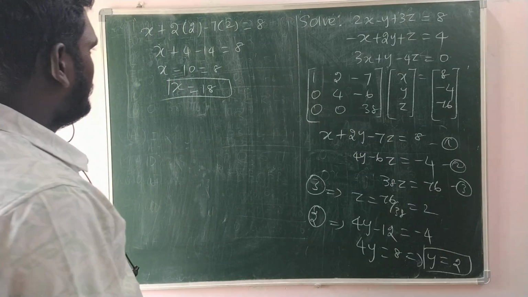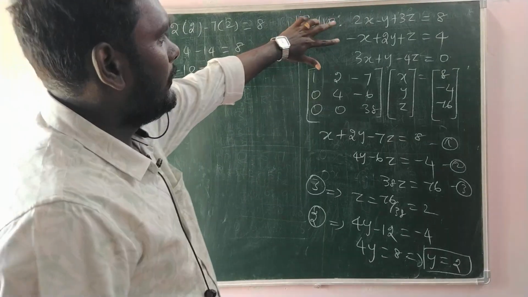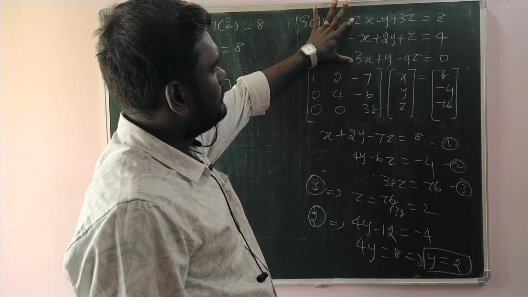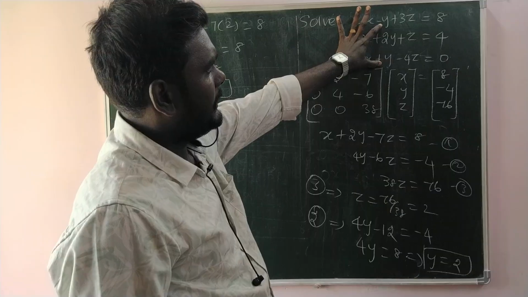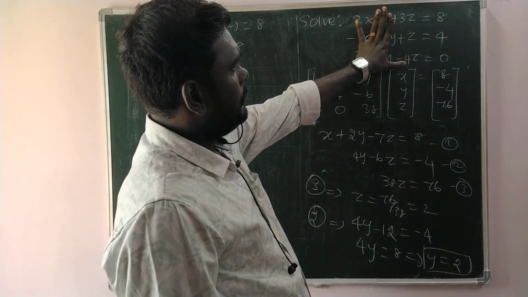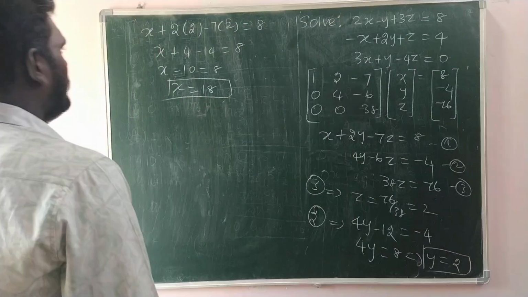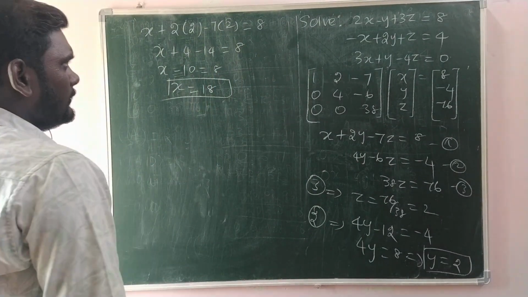Then I might have committed some mistakes. First row, what I did for this, these two I subtracted, right? 3 minus 2, 1. 1 minus half minus 1 plus 2. Minus 4 minus 3 minus 7. Minus 7 only? 7 2s are 14. 4. Yes.